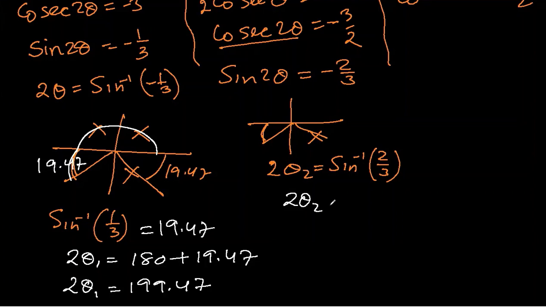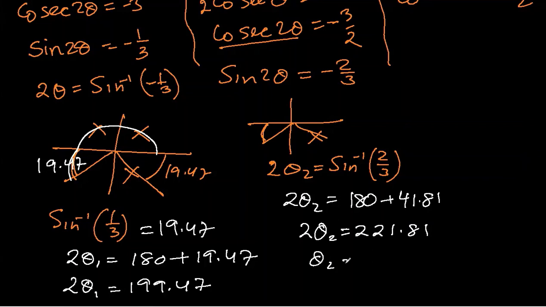Okay. Let me use my calculator again. It comes out to be 2 theta 2 equal to, it is again in the third quadrant, 180 plus sine inverse 2/3, which is 41.81. So 2 theta 2 equal to 221.81.